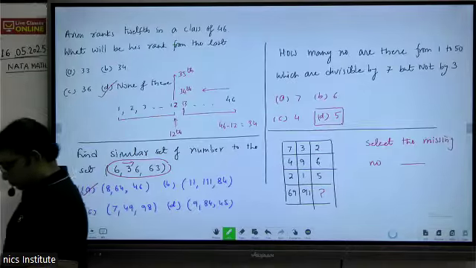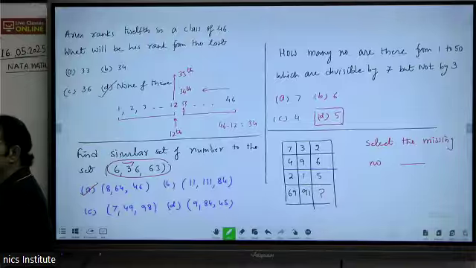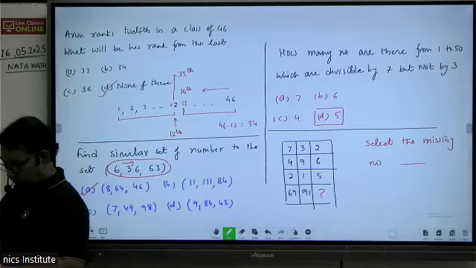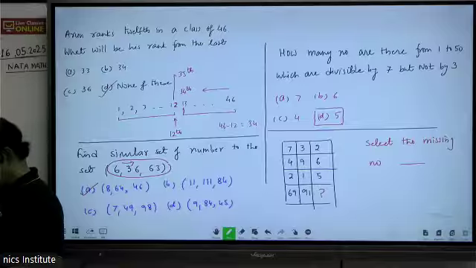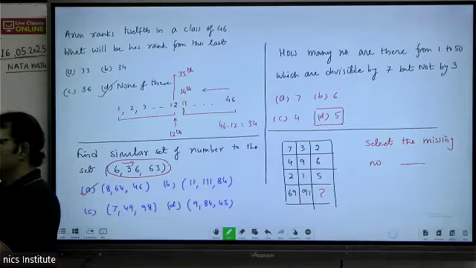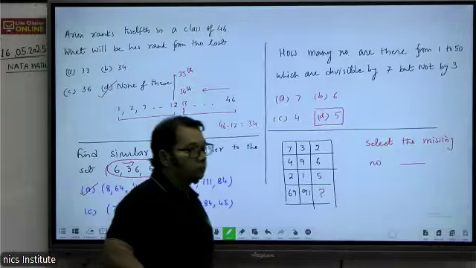Select the missing number. Find the pattern.